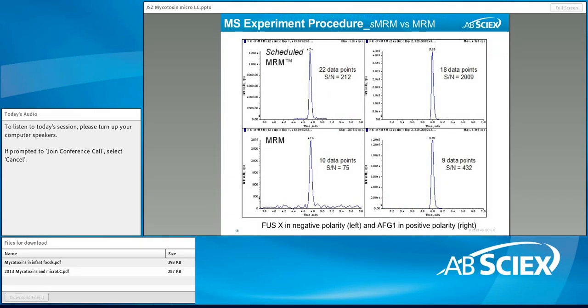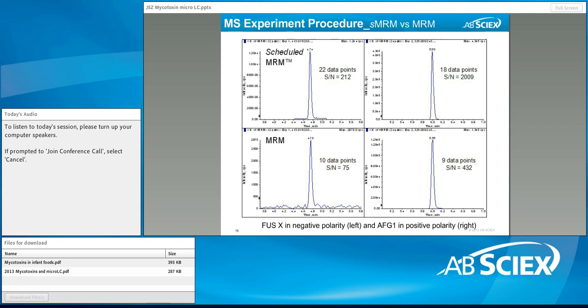So we talked about scheduled MRM. What is the benefit? If you compare these results, on the top is with scheduled MRM and on the bottom is normal MRM without scheduling. You can see both in terms of data points and in terms of signal to noise, you get a big improvement by using scheduled MRM.